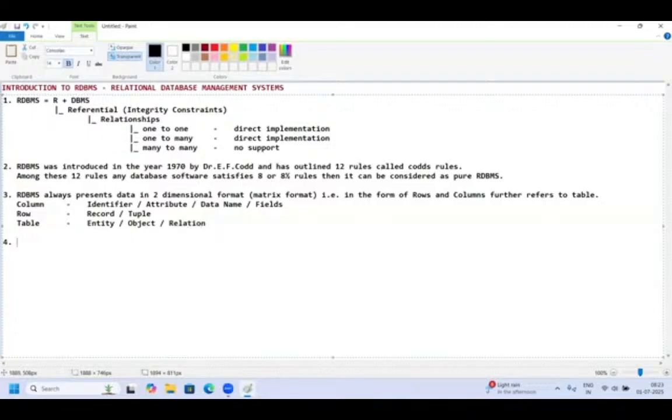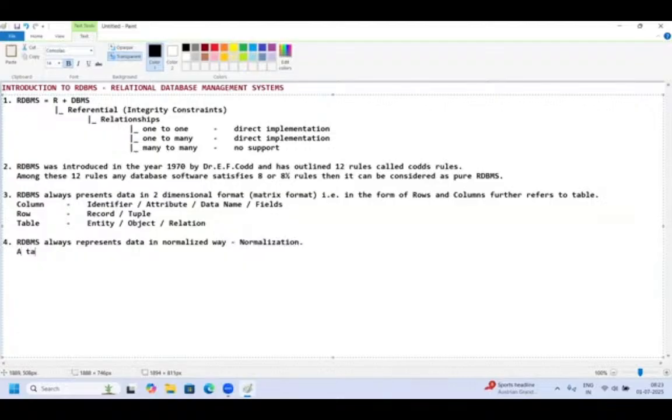Let me explain one more thing. This also we will understand in my coming classes. That is about something called normalization and denormalization, which is about representation of data. RDBMS always represents data in a normalized way, which indirectly leads to normalization.